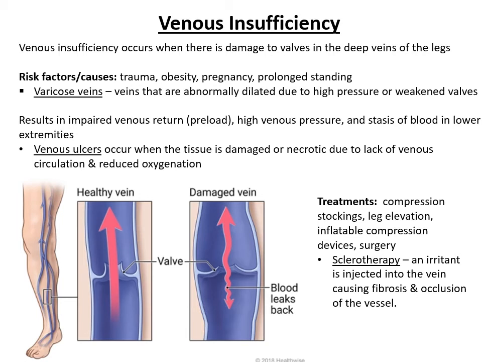We use devices that we put on people's legs that compress, starting at the foot and then the ankle and then the calf. It's called serial compression. So inflatable compression devices, and they're really neat because they help compress the blood out of the legs and reduce edema.